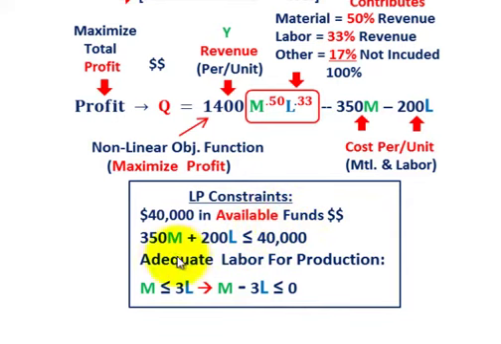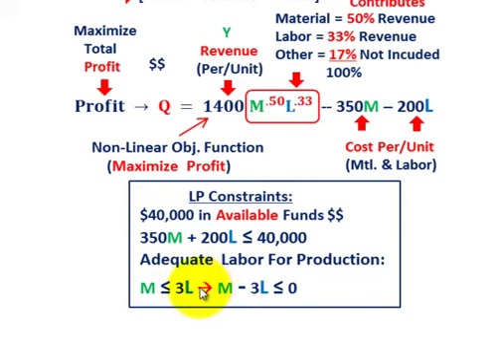And then we've got one other constraint here, and this can make sense when you think of adding that in. For adequate labor for production, we're going to say that we're going to need 3 times as much labor value-wise as we have in material. So that makes sense too. If you're trying to determine how much material and labor you're putting in, you want to keep looking at that factor.